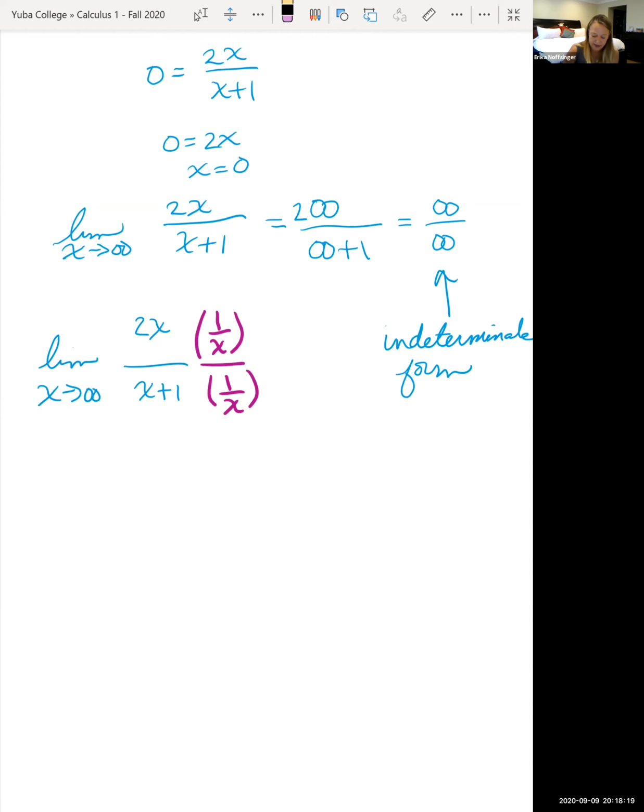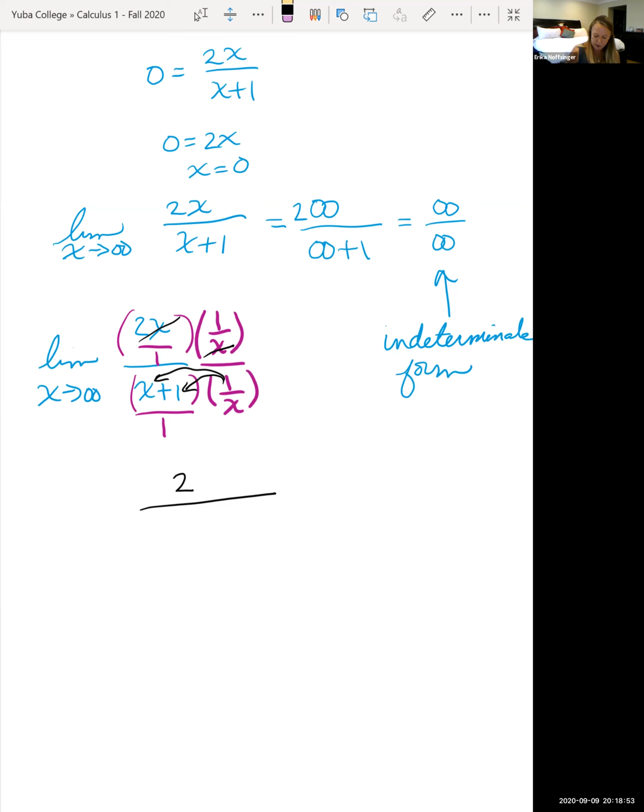When we do that, if it helps, you can think of this as 2x over 1, and this x plus 1 over 1. So here we have 2x times 1 over x. Those x's are going to cancel, and all we would be left with in our numerator is 2 times 1, which is 2. All over, well, I need to distribute this to each piece in here.